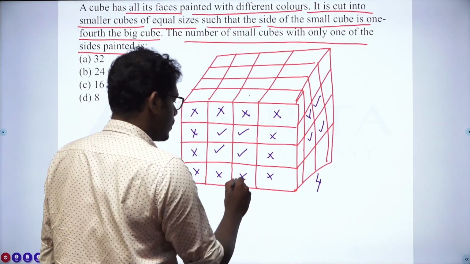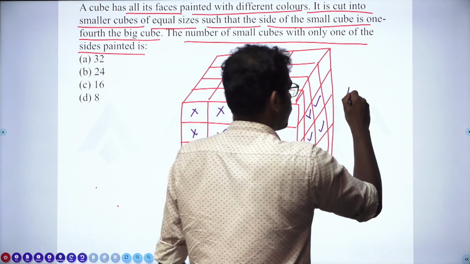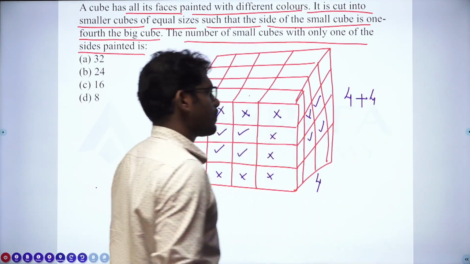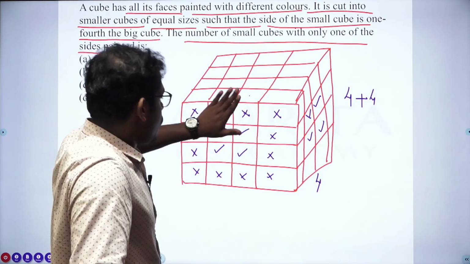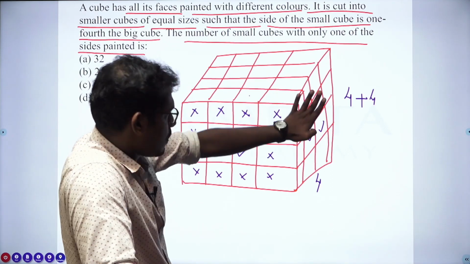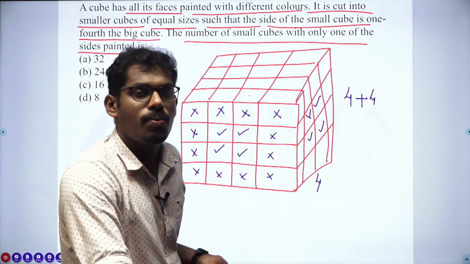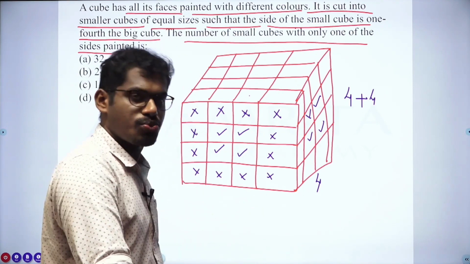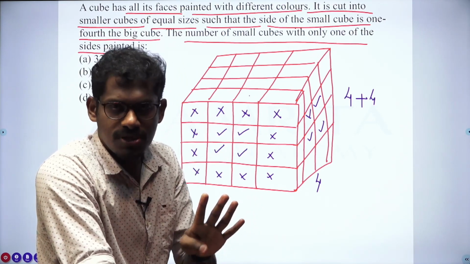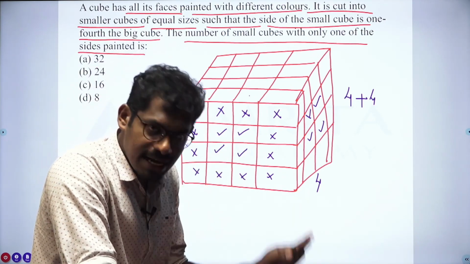So for the front face there are 4 cubes. For this right face there are 4 cubes. Clear? Okay. For this face there are 4 cubes. For this face there are 4 cubes. Actually, how many faces are there? There are 6 faces. Each face has 4 cubes having only 1 painted face.